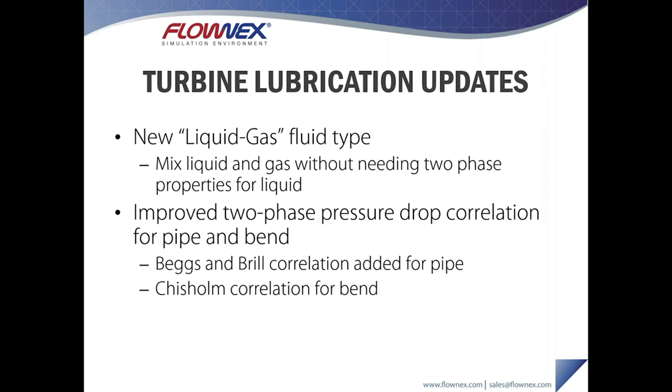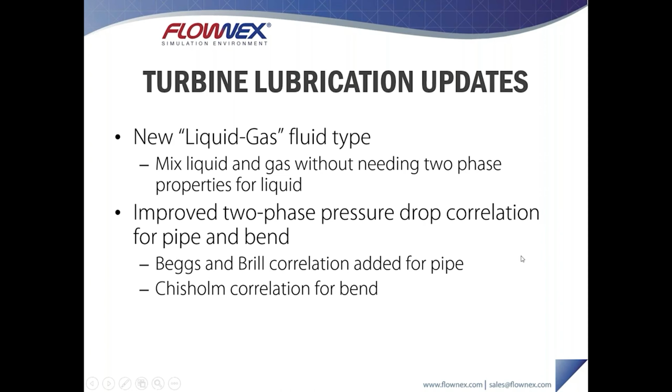So this fluid was created to fulfill that need, and allows us to mix a standard liquid with a constant density, for example, or a density that varies with temperature, and then simple specifications for viscosity, conductivity, density, and specific heat. With that information, your mixture can become fully defined.